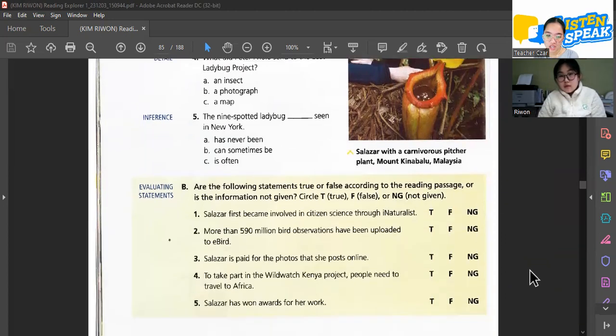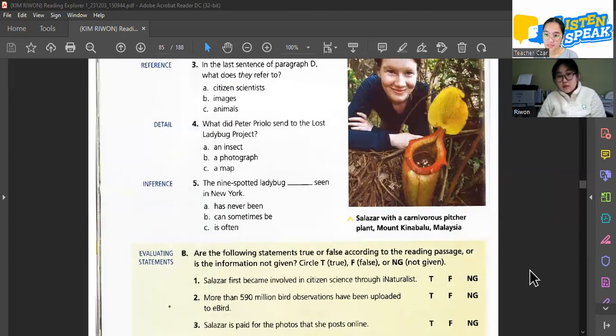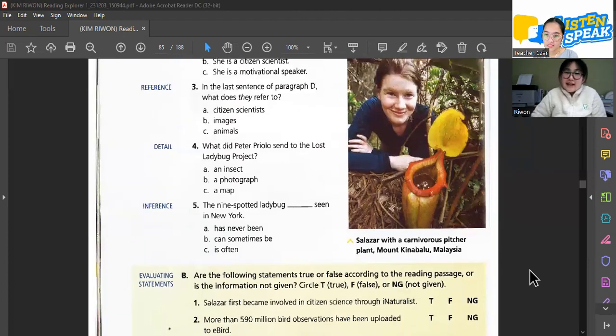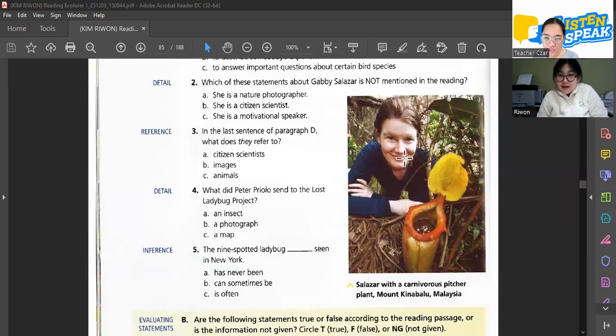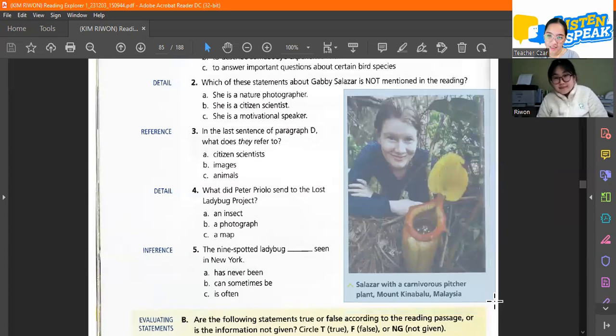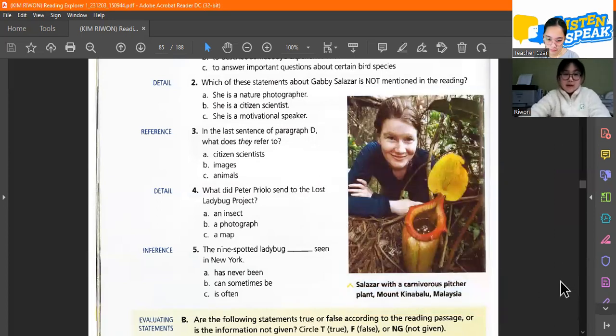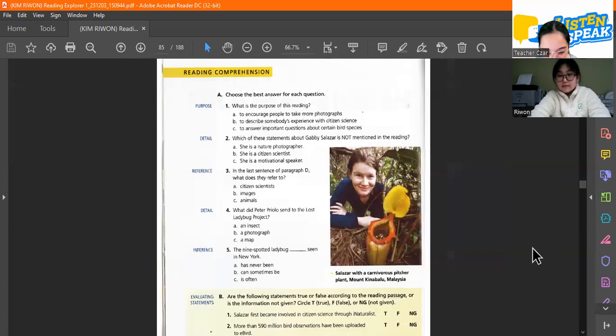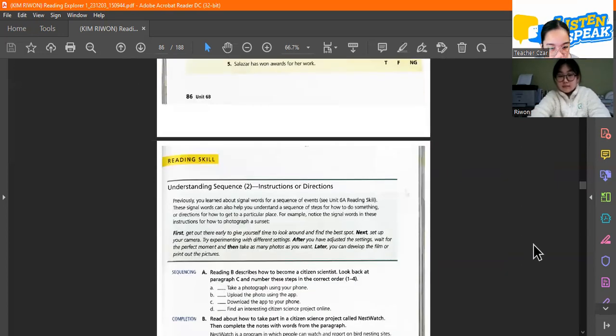So did she win an award for her work? I think it's not mentioned. Yeah, it's not mentioned. It's not given. They just posted her, but this one is also Gabby, who has also been part of citizen science. Okay, Gabby. Salazar.